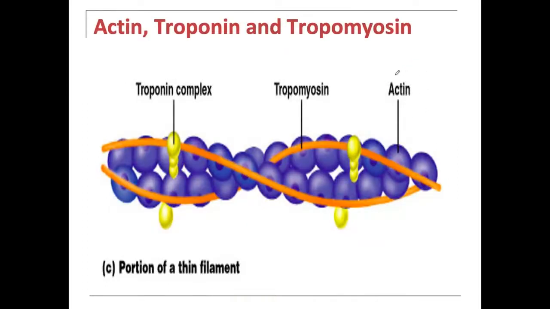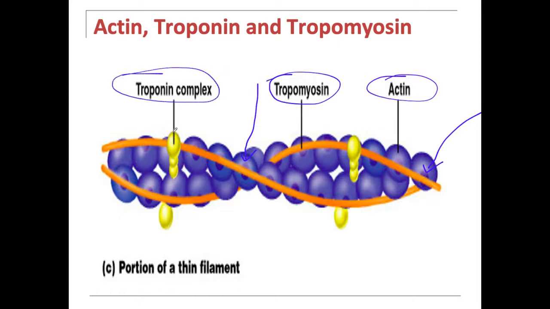So here's a close-up look. This is actin. Here's actin. These are binding sites. We see those like purple little targets in the center. Those are binding sites. But notice how troponin, the orange rope, is covering the binding sites.